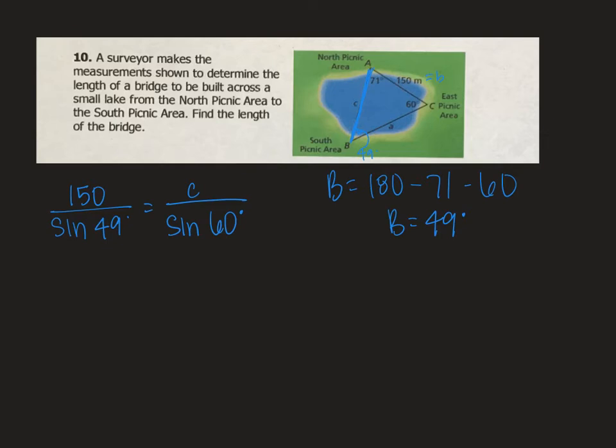So 150 divided by the sine of 49 is going to give me about 198.7519, so on. And then I'm going to multiply that by the sine of 60.